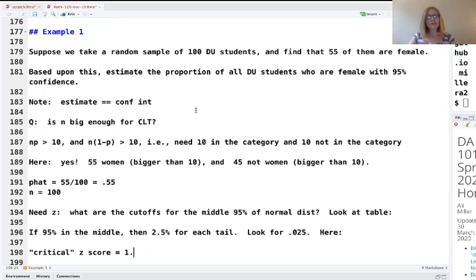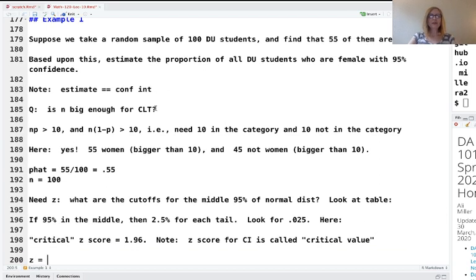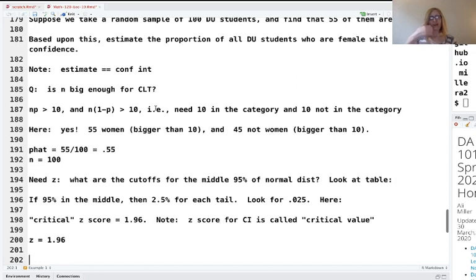Note, the z-score for a CI is called the critical value. This 1.96 is the critical value for this one. It's critical because it tells us how wide our confidence interval is going to be. But now that we've got that, z equals 1.96, we're ready to go.